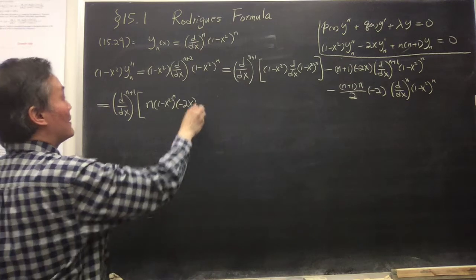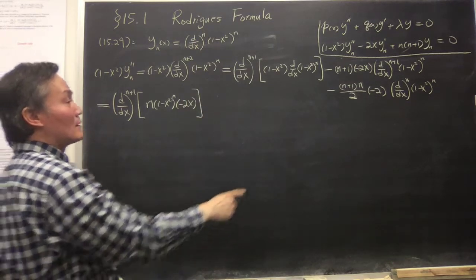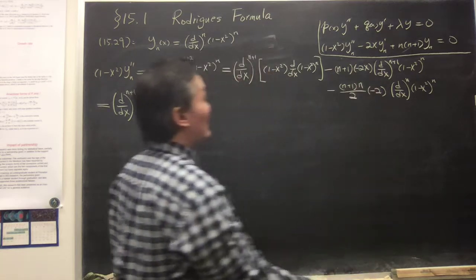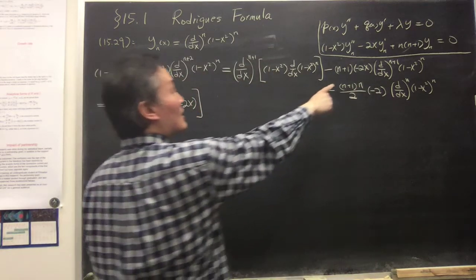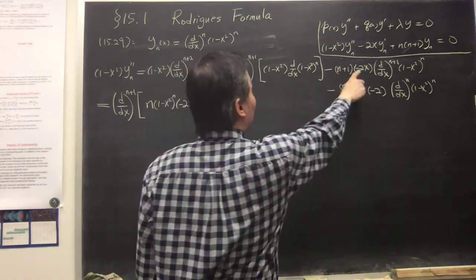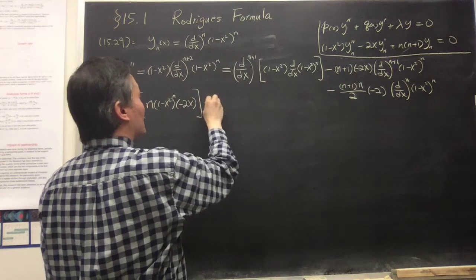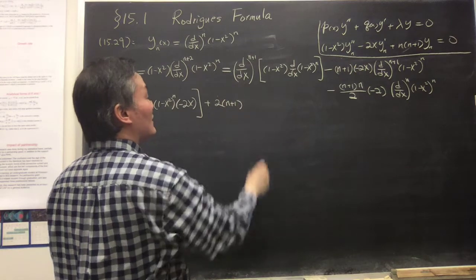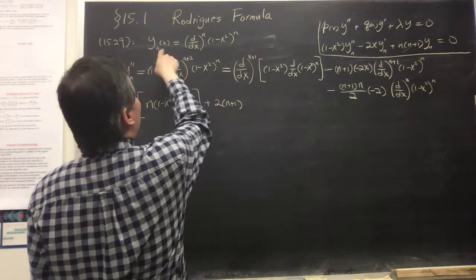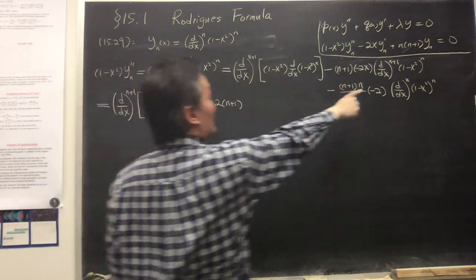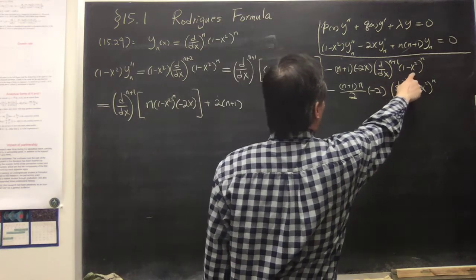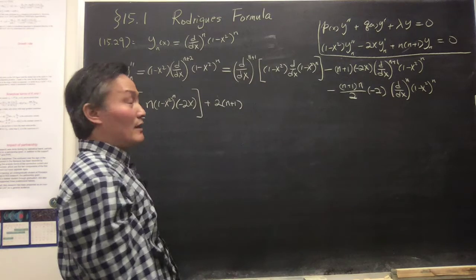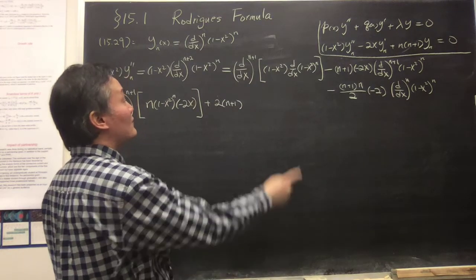Then all these you can simplify a little bit. So you have minus and minus is plus 2 n plus 1. Now you can use this expression to simplify this one, because this is 1 minus x squared to the power n, and then n plus 1 derivatives.